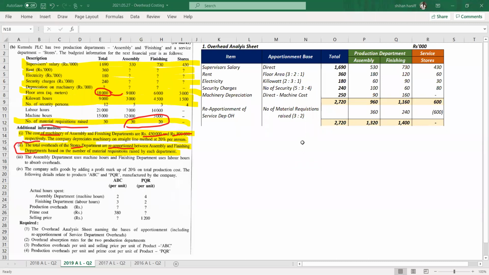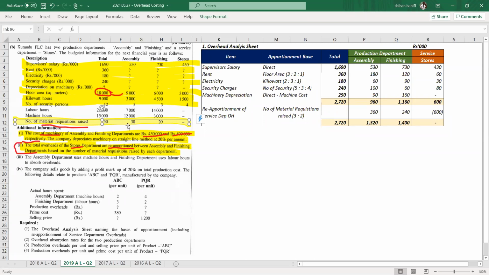What is that material requisition raised? Material requisition raised means we studied in the material control, right? How many materials were requested by assembly department? They have requested 30 times. It's a document. Let's say this is a production of furniture.